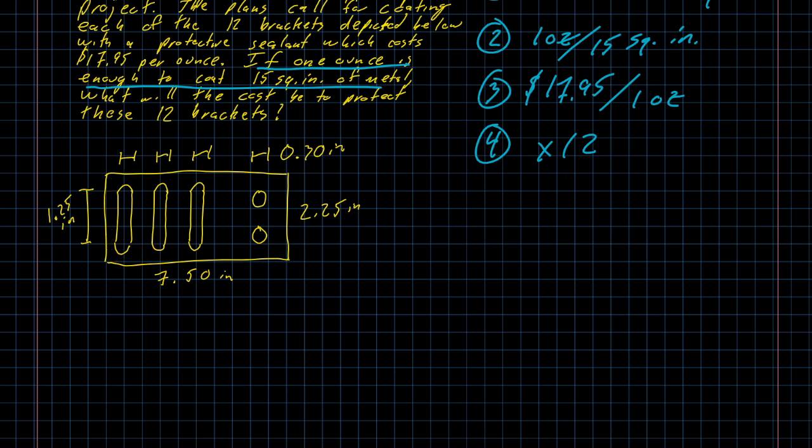I'll describe it pictographically. I want to take the area of the rectangle minus 3 times the area of the tall slots minus 2 times the area of the circle. The rectangle is very straightforward.